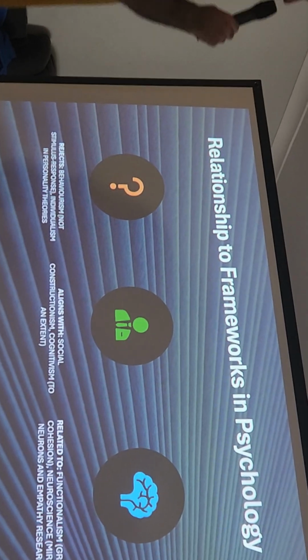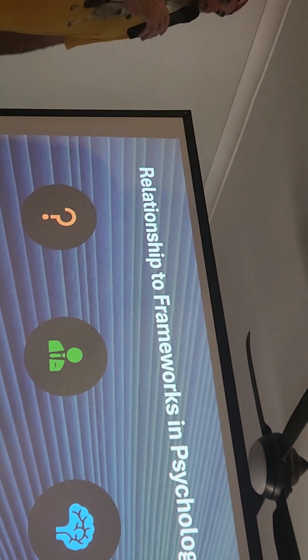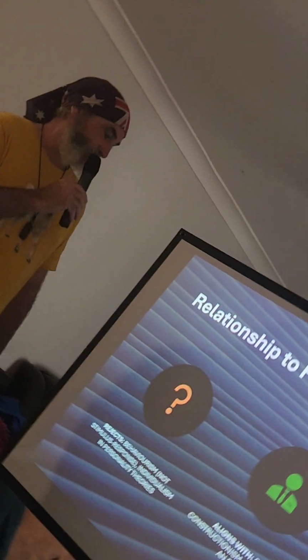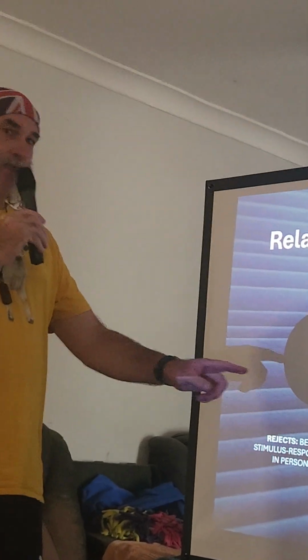As for social identity theory's relationship to frameworks in psychology today, it rejects behaviourism. It's not stimulus-based or response-based on stimulus. It rejects individualism in personality theories, and it aligns with social constructivism to some extent, because research has shown that positive emotions can be experienced through social engagement.